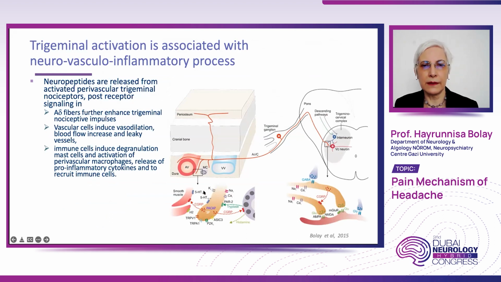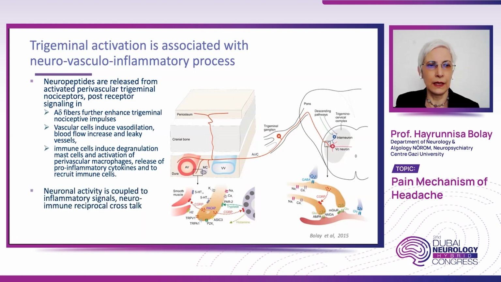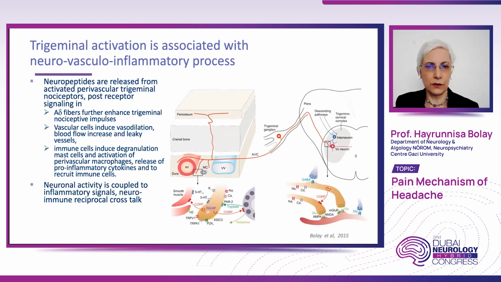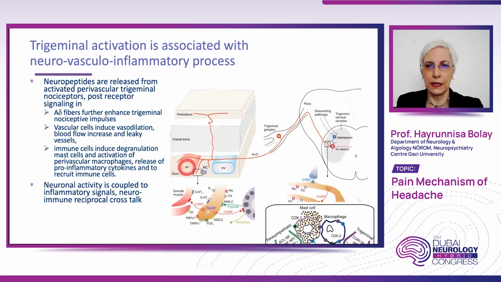Some receptors are also on the A-delta fibers and further enhance the trigeminal nociceptive impulses to the cerebral cortex. Immune cells like mast cells and macrophages are also players in that system. Sensory neuronal activity is coupled to the inflammatory signals, and neuroimmune reciprocal crosstalk happens.